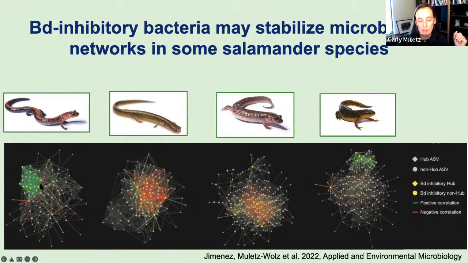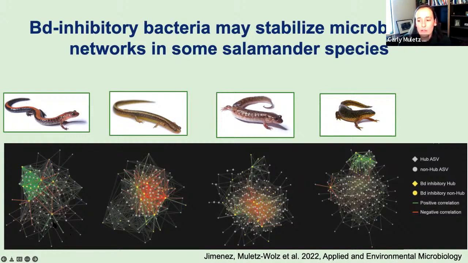These are all of the positive interactions. Then we can see if it's negative, where the relative abundance decreases in this one and it decreases in that one, so there are these negative correlations. We can find out how many times we find that same bacteria with another bacteria across all of our salamanders, and this makes our microbiome networks.